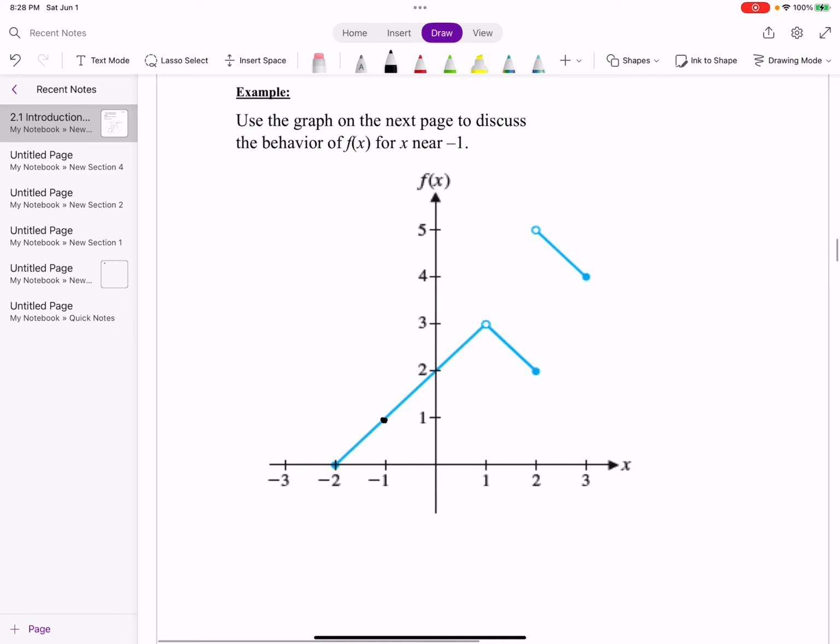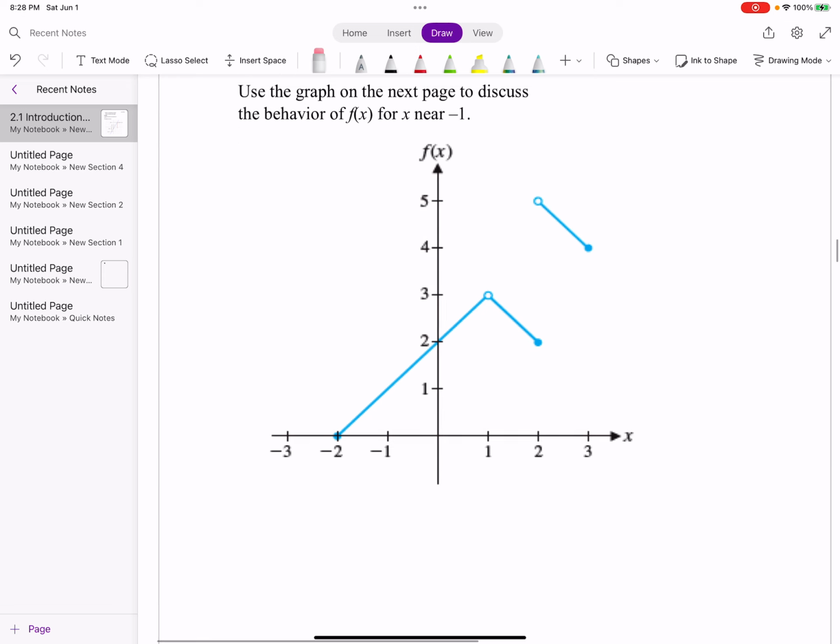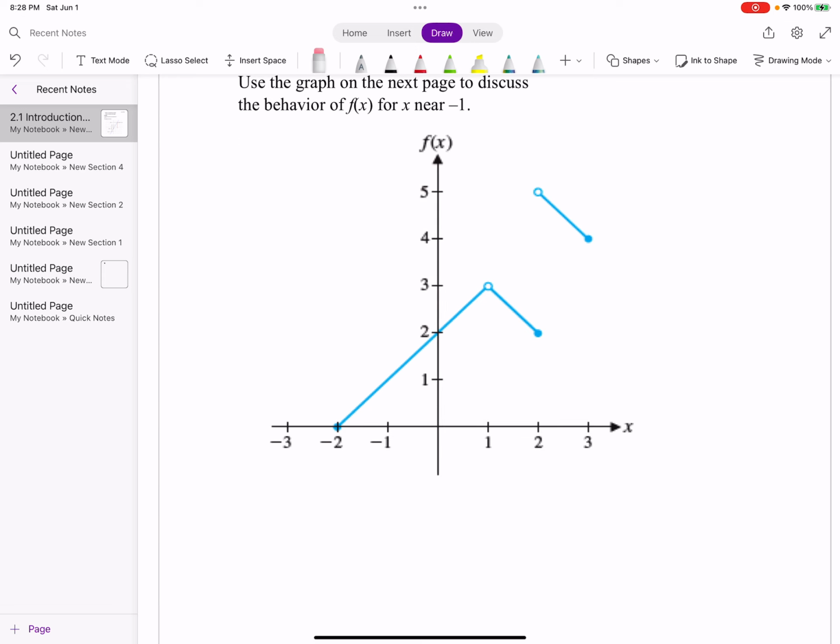Look at now this point. For example, if you look at a limit at x near -1. Now, this is continuous, so just look at this, approaching from the left side, approaching from the right side.